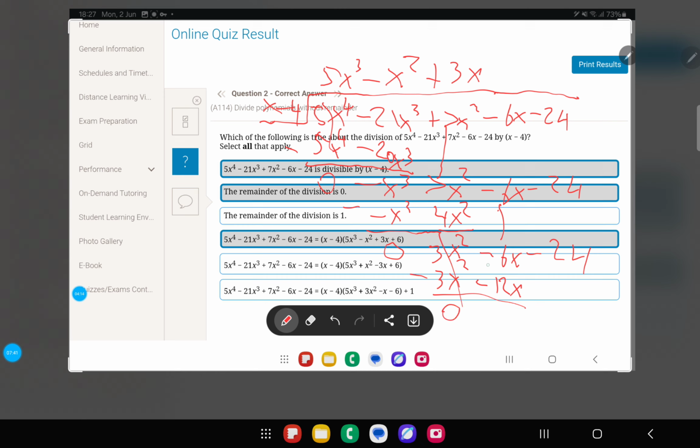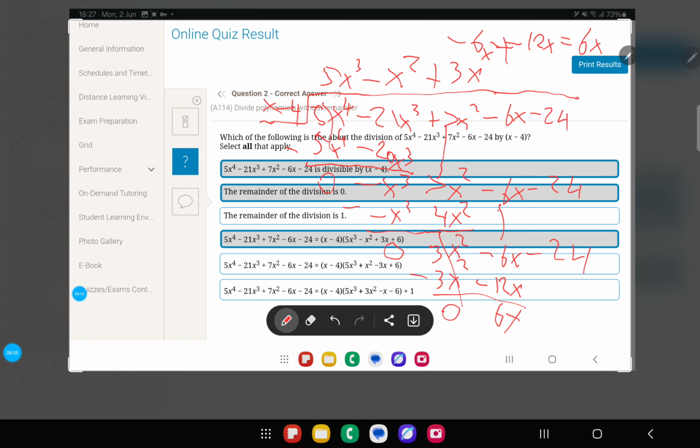Subtract. Negative 6x minus negative 12x is going to be like this: minus 6 minus 12x equals, becomes plus. So 12 minus 6 is 6x. I have 6x.